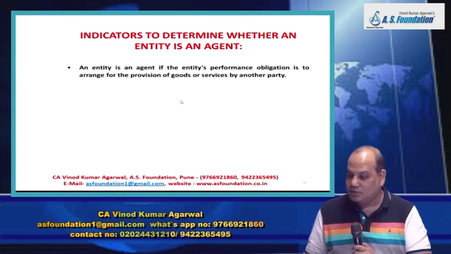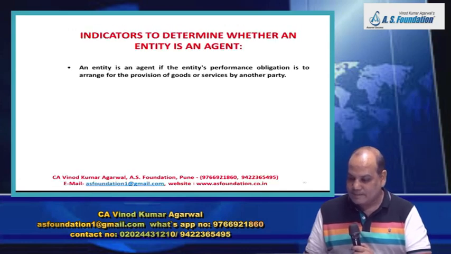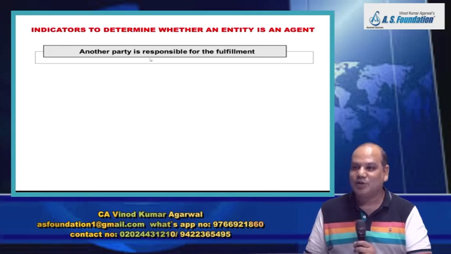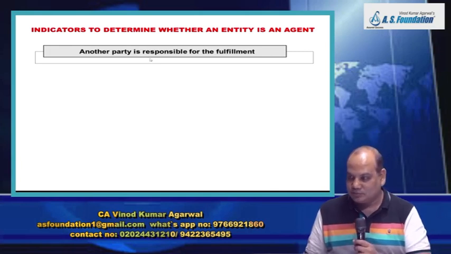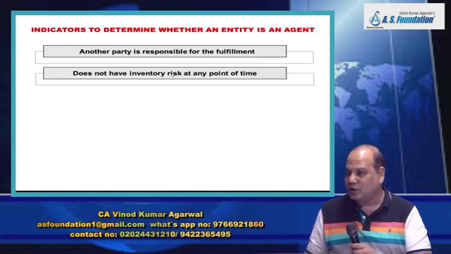Who is an agent? An agent is a party who is not responsible for the fulfillment. Another party is responsible for the fulfillment. If something goes wrong, people will catch hold of that other party.